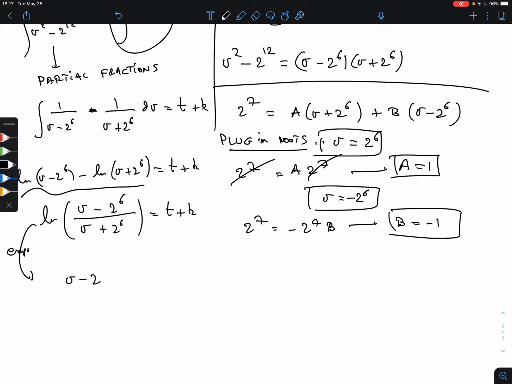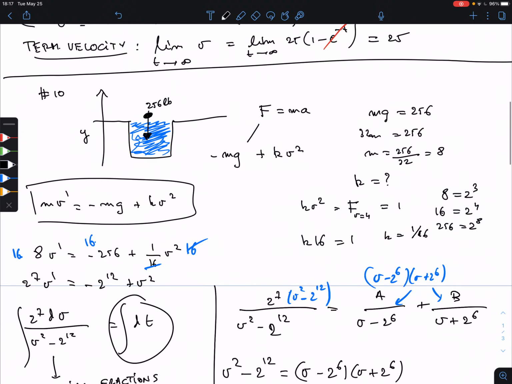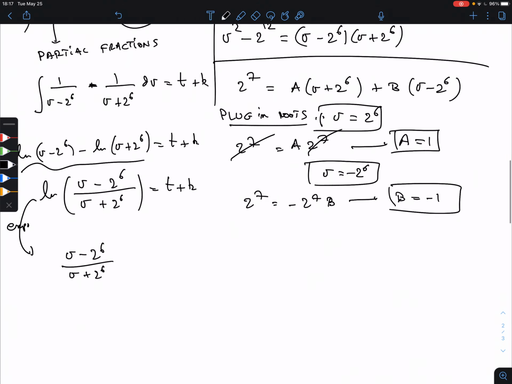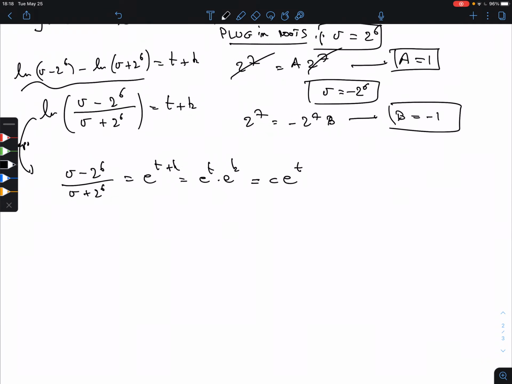So v minus 2 to the 6th over v plus 2 to the 6th, which is, by the way, 64, is equal to e to the t plus k, and we split this as e to the t times e to the k, and this becomes our new constant, so c e to the t. So writing down, we get v minus 64 over v plus 64 equals c times e to the t.